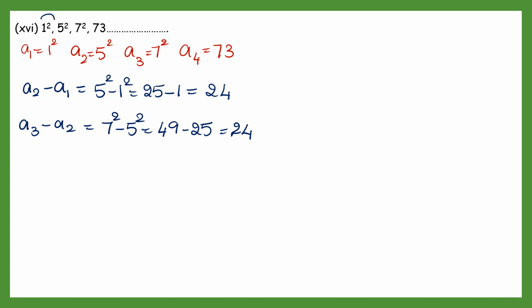Now first term and second term are consecutive, second term and third term are consecutive, third term and fourth term are also consecutive. Let's find the difference between them also. Fourth term, A4 minus A3. So, 73 minus 7 square, 7 square is 7 into 7, so 49. So, 73 minus 49, what do you get? 73 minus 50 is 23, here you are subtracting only 49, so you get 24.